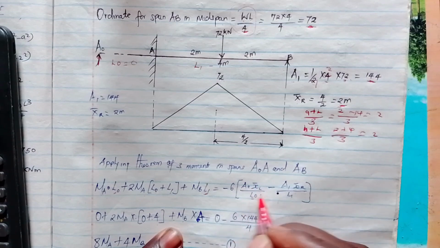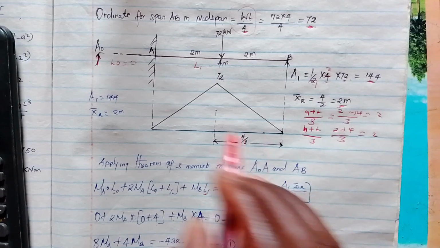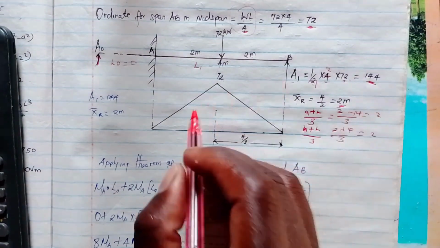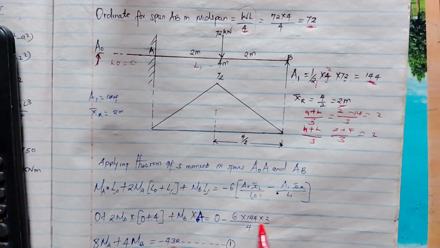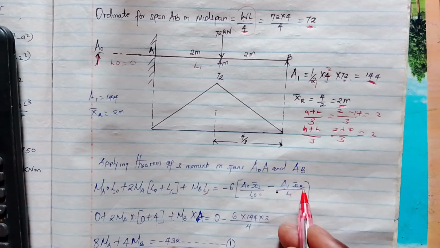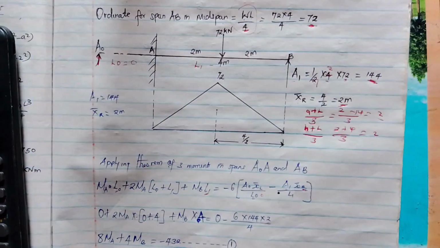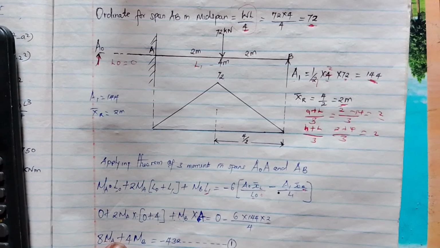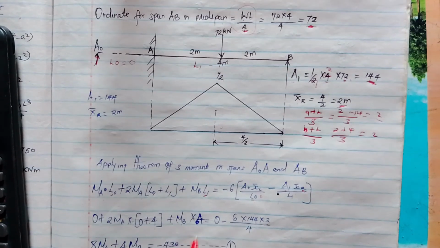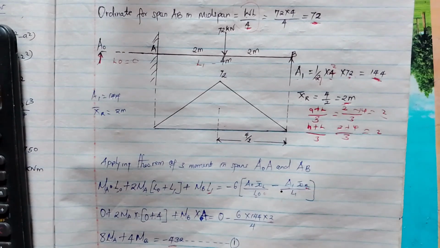Then minus the area, A1, we got 144. Then 144 times the center of gravity on the right, which is 2, divided by 4, then multiplying gives 8, plus 4 MB, and then this will be this. This is the first equation.